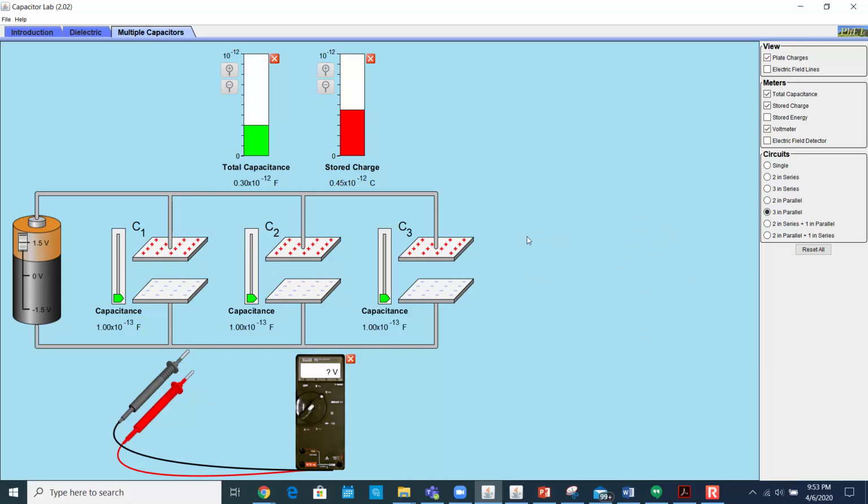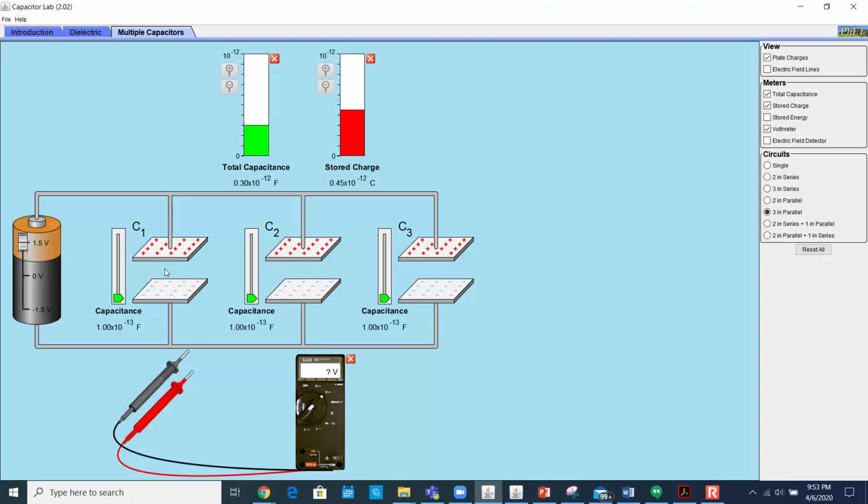So this is all about the parallel combination of capacitors. The two things you need to understand: in parallel combination, the total capacitance always increases.